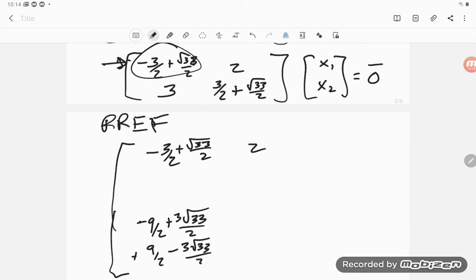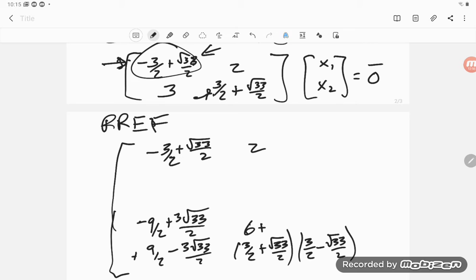So I'll take 3 times the top, so I'll get a 6. And then I have plus the negative of this thing times that thing there. So I will have 3/2 plus the square root of 33 over 2 times 3/2 minus the square root of 33 over 2. Well, this is a good sign.